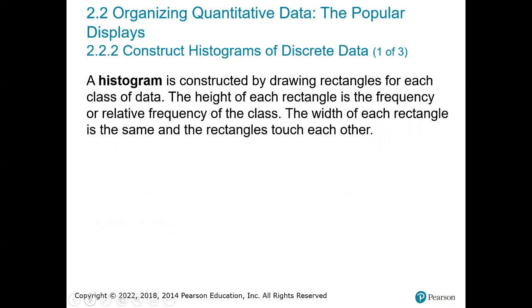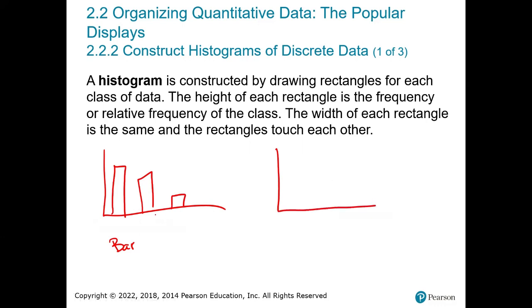So a histogram is constructed by drawing rectangles for each class of data, and the height of each rectangle is the frequency or relative frequency. The width of each rectangle is the same, and the rectangles touch each other. Okay, in a bar graph, we have categories, and they are separated. A histogram is numbers.